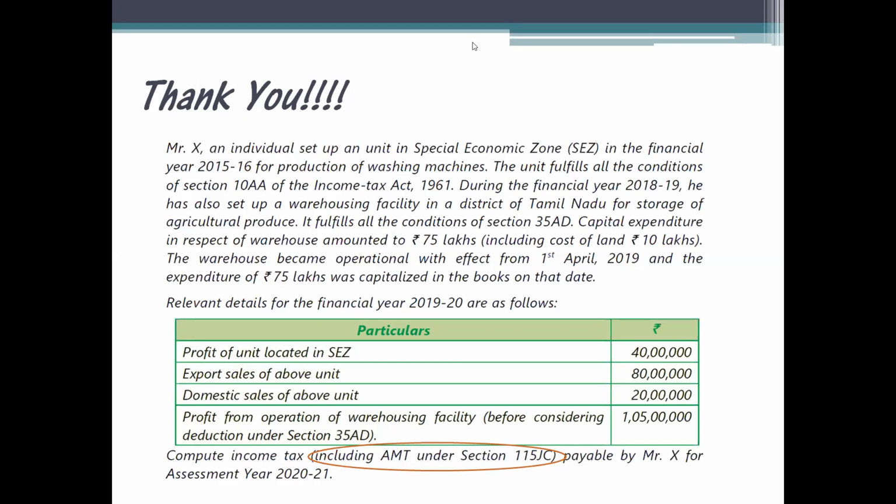So we'll have to make a note that this should be reduced while computing the total 35AD deduction available. And the warehouse expenditure in 2019, an expenditure of 75 lakhs, was incurred. I'll tell you how it is to be computed.